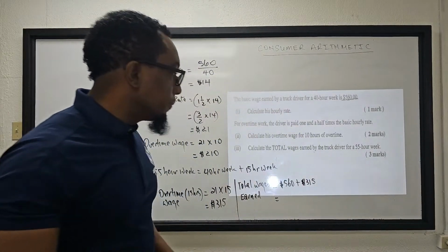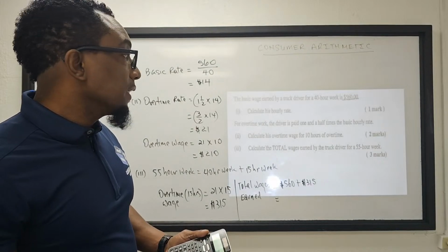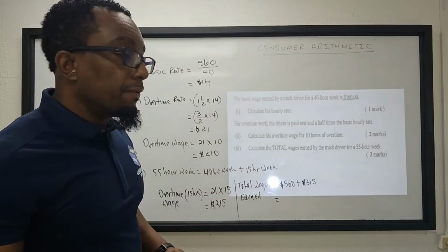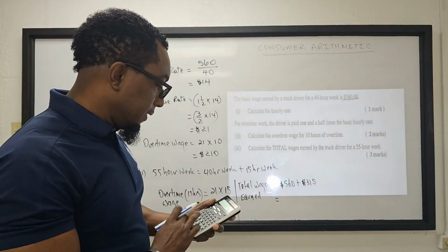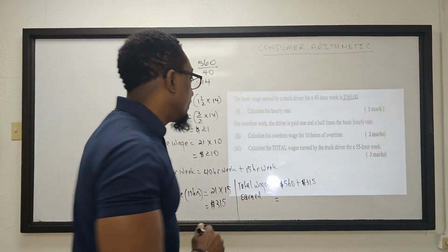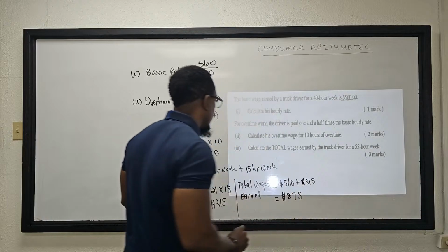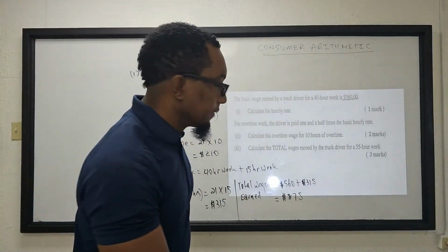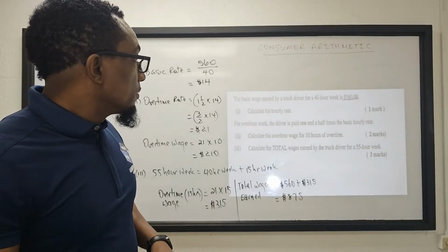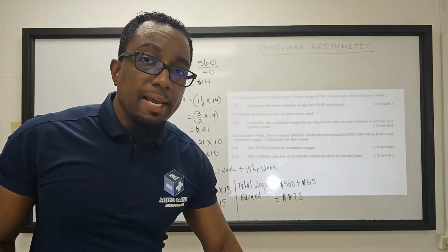When we add those two, we have the total wages earned for the 55-hour week. So that will be 560 plus 315, which will give us 875. Alright? So making sure that we understand our wages. So let's look at another. Wages again.